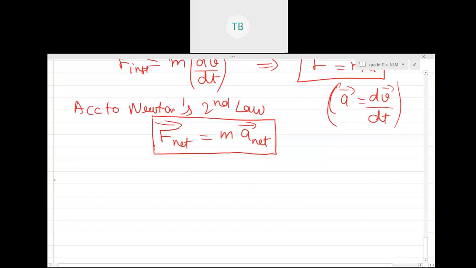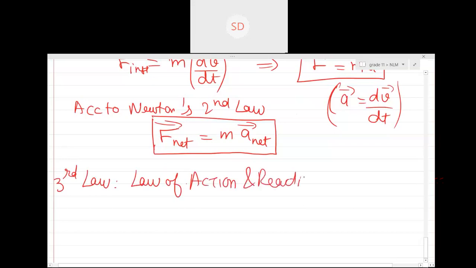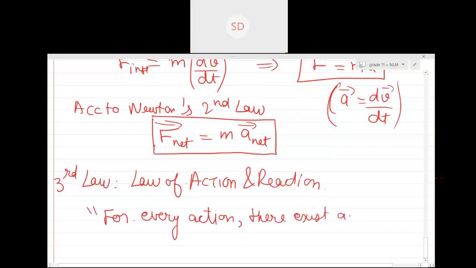Now, let's talk about Newton's third law, which is the most famous law. Law of action and reaction.